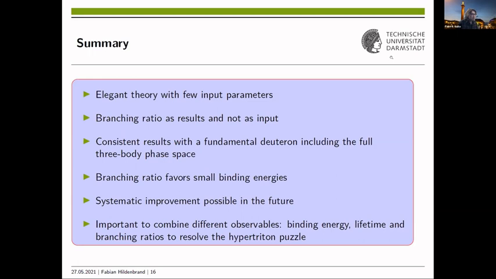So we are hoping that we can get the binding energy and also the branching ratio from our emulsion analysis in a year or two. And I think we are all happy to take every new data in hypernuclear physics that we can get. So thank you for your comment.